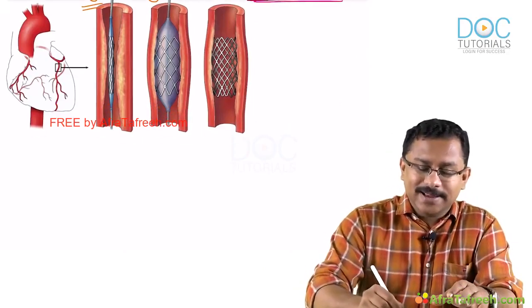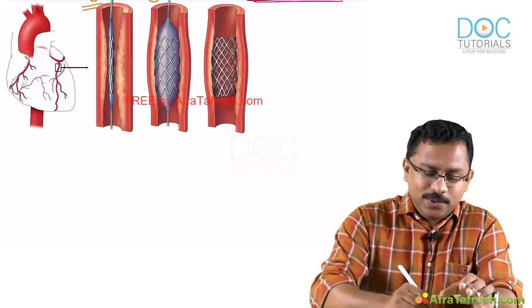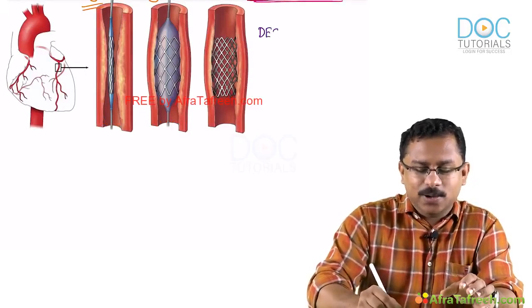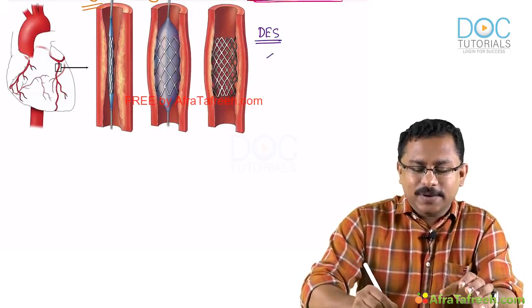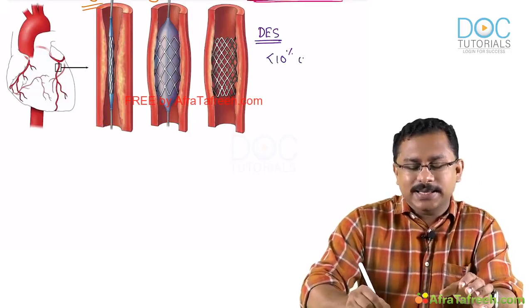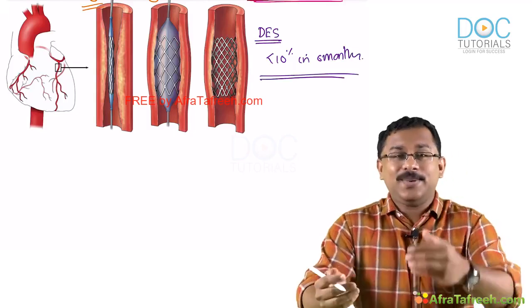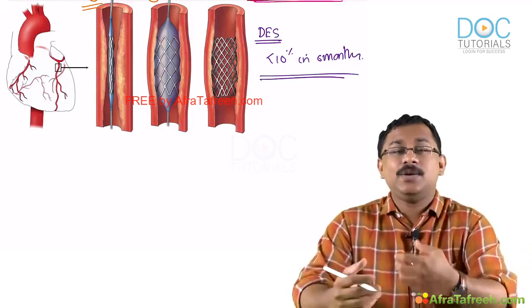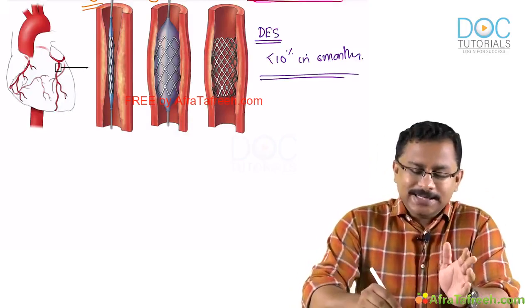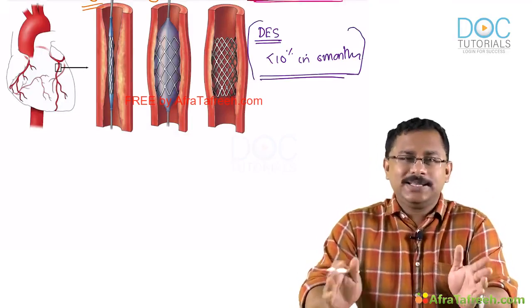With drug-eluting stents, which you can abbreviate as DES, the chance of restenosis is less than 10% in 6 months. So from around 20%, it has come to less than 10%, which is a good number. That is the advantage of drug-eluting stents.